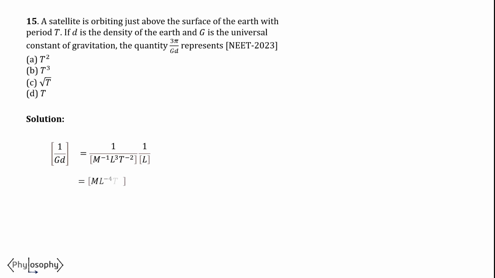Now if you calculate all the powers, then the final dimensional formula for 1 over G d will be t square. Therefore we can say that the quantity 3 pi over G d is proportional to T square. So our correct answer will be option A, T square.